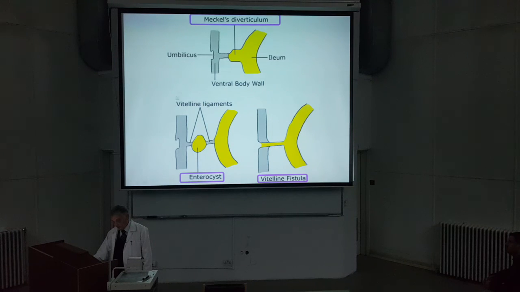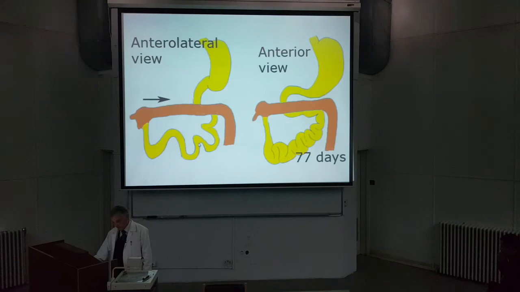The connection with the yolk sac is either kept all the way, it should disappear. Sometimes it gives an extension of the small intestine called Meckel's diverticulum. Sometimes it develops a cyst. So the cecum is under the liver.